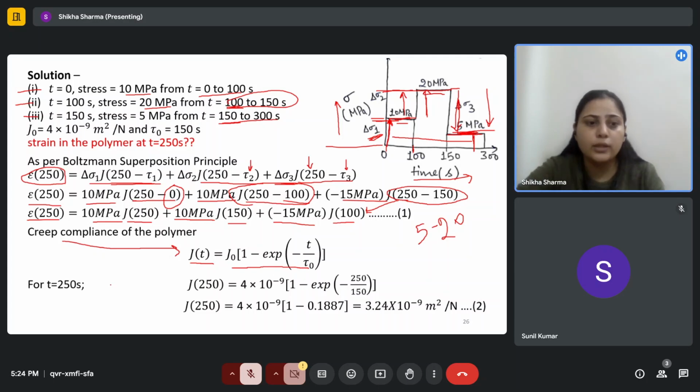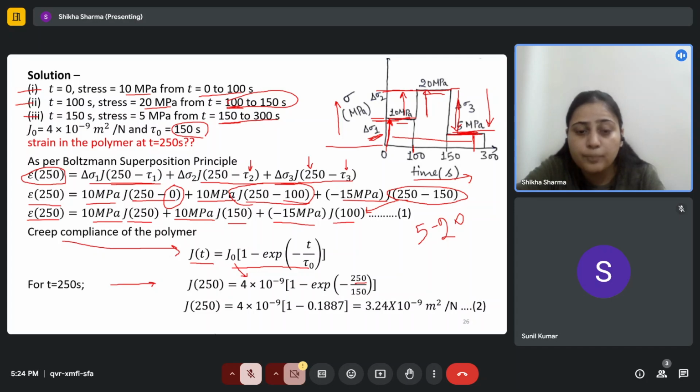So for 250 seconds, J 250 will be equal to J naught, which is 4 into 10 to the power minus 9, given in the question, multiplied by 1 minus exponential minus t, which is 250 in this case, divided by the relaxation time tau naught, which is 150 seconds.